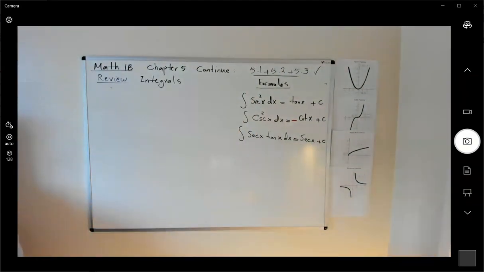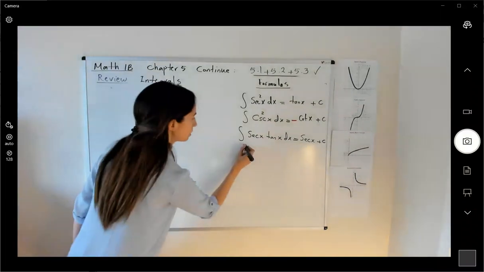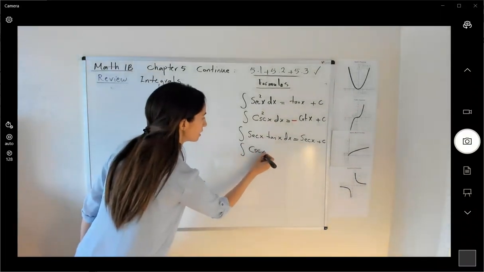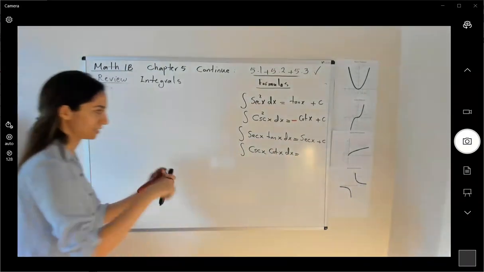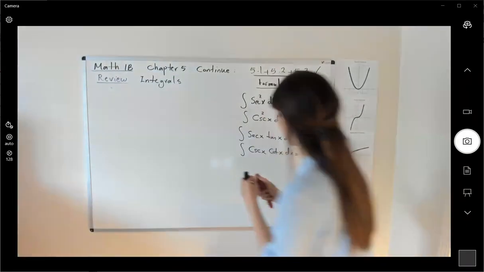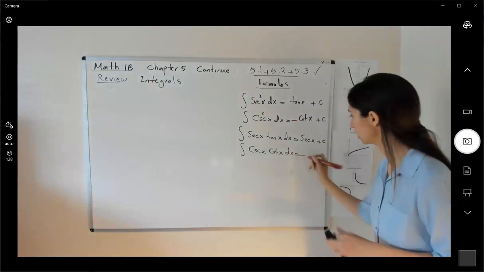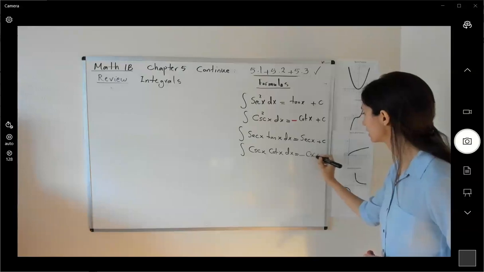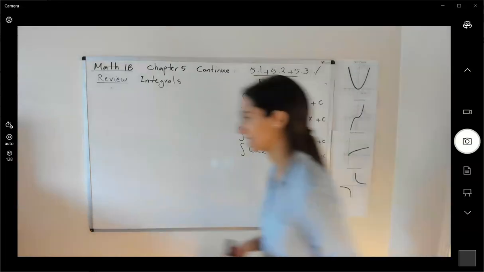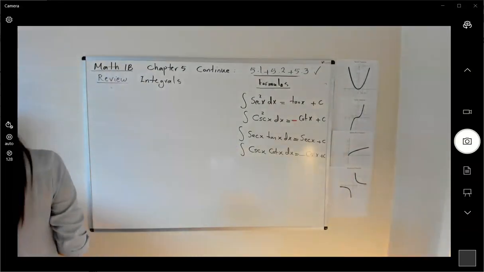If you have cosecant cotangent, the integral of cosecant cotangent is minus cosecant x plus constant of integration. Very well.